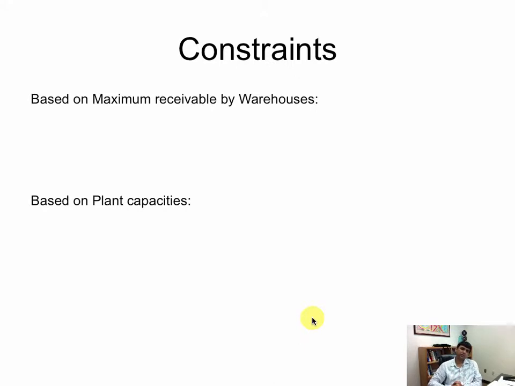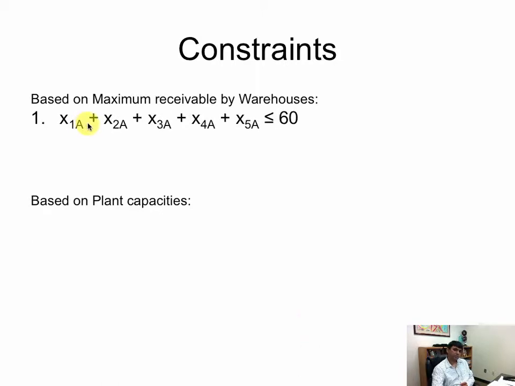The next step is finding the constraints. We are told the limits of the warehouses, so let's see the constraints based on those. This equation shows the constraint for the maximum receivable by a warehouse. Since warehouse A may receive shipments from any of the plants 1, 2, 3, 4, or 5, the sum of all the shipments that it receives should be less than or equal to the capacity of that warehouse.